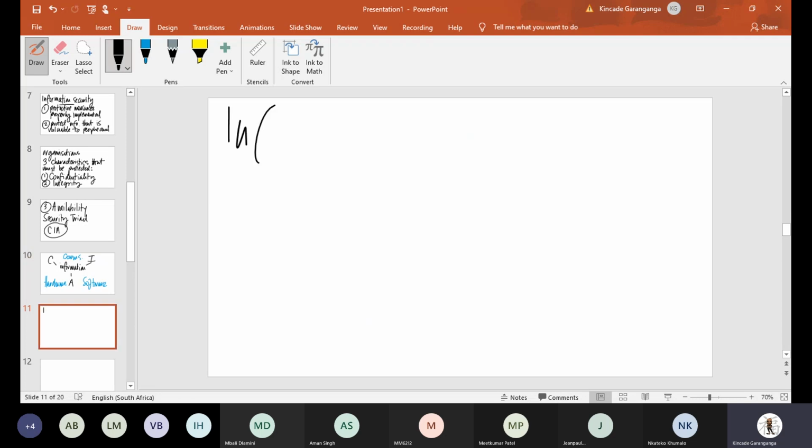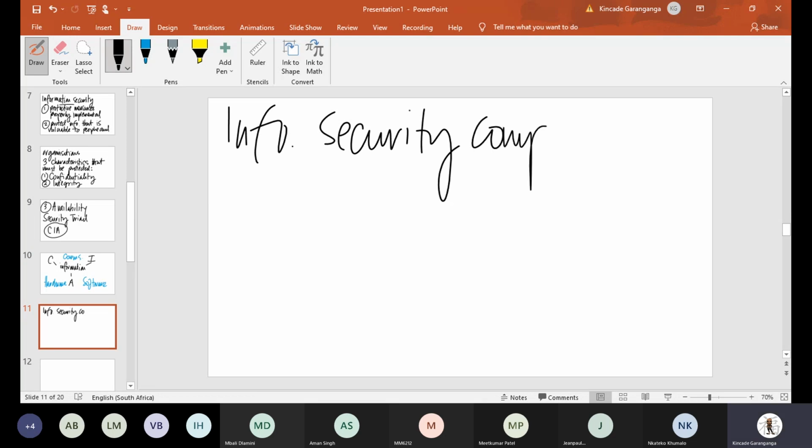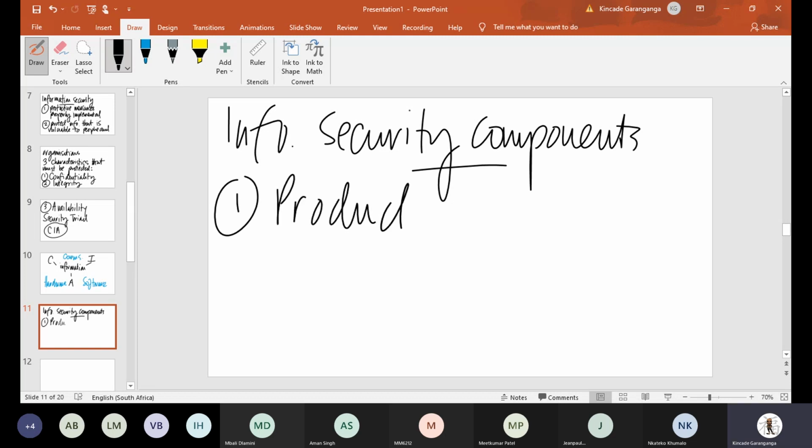In addition, the information security components. You obviously have the products, like we mentioned before. In essence, the products are all to do with the physical security around the data. That is what your products are all about. Secondly, you can discuss the people, those who implement security products to protect the data.